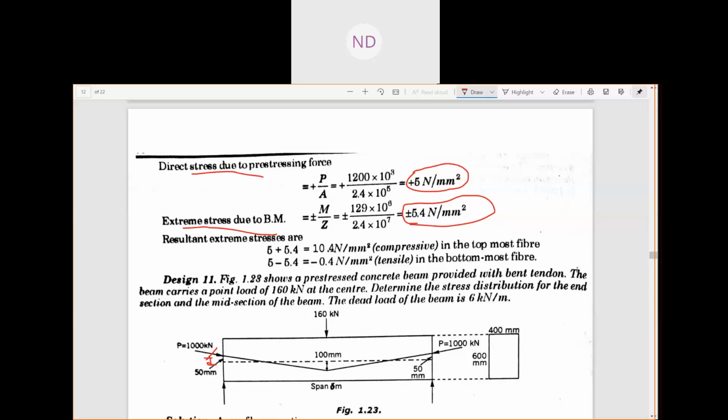I'll just call out who are marked absent. Enrollment 2 absent, 7 absent, 10 absent, 20 absent, 25 absent, 27 absent.